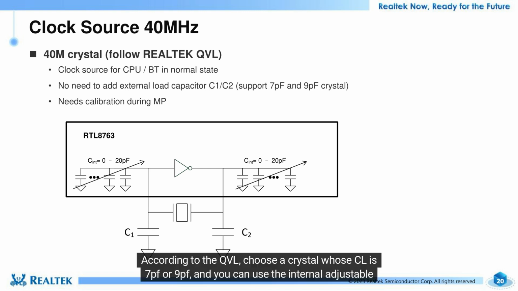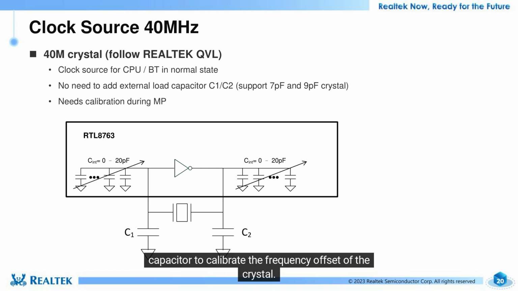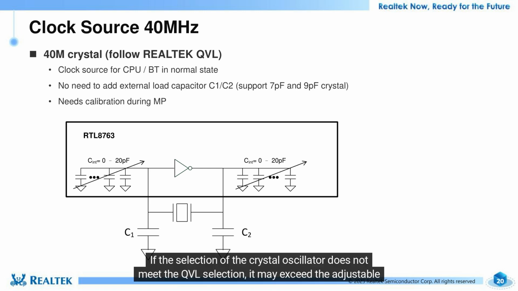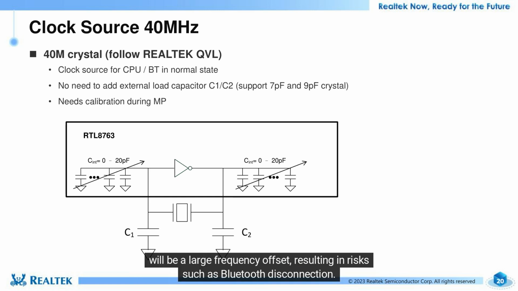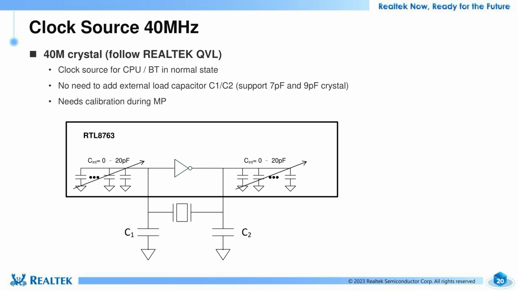According to the QVL, choose a crystal whose CL is 7 pF or 9 pF, and you can use the internal adjustable capacitor to calibrate the frequency offset of the crystal. If the selection of the crystal oscillator does not meet the QVL selection, it may exceed the adjustable range of the internal capacitance, and additional external capacitors need to be added, otherwise there will be a large frequency offset, resulting in risks such as Bluetooth disconnection.